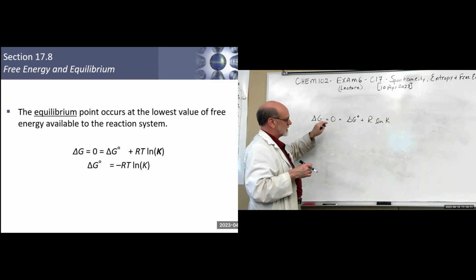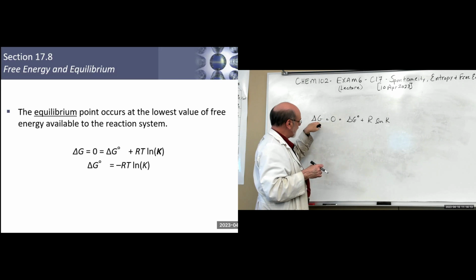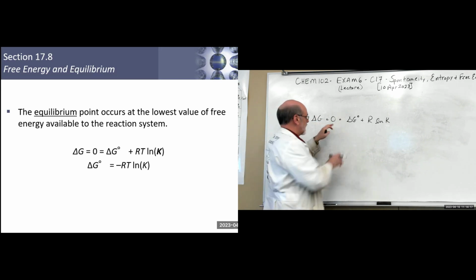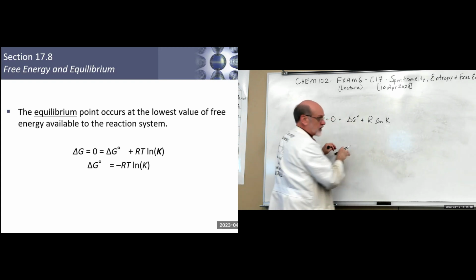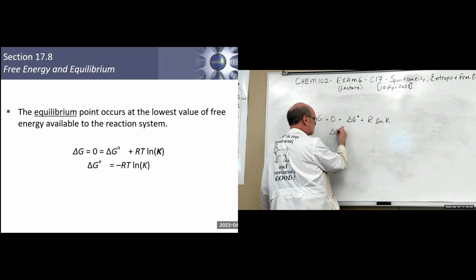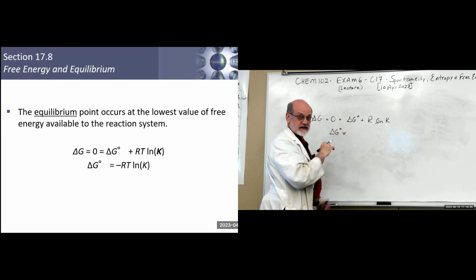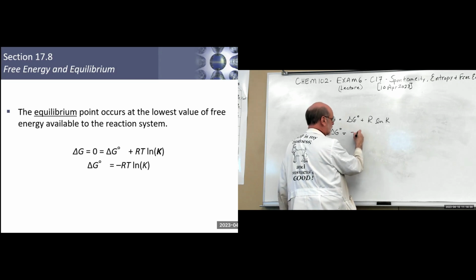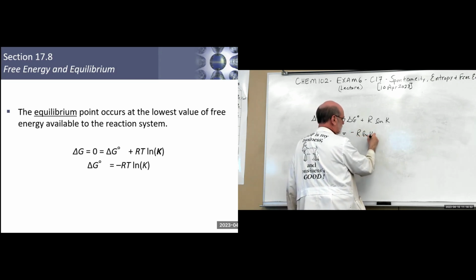But since we're at an equilibrium, then the actual delta G is 0. And this 0 is equal to that. So what does that tell us? That means delta G 0 under these conditions of equilibrium is equal to a negative RT log K.